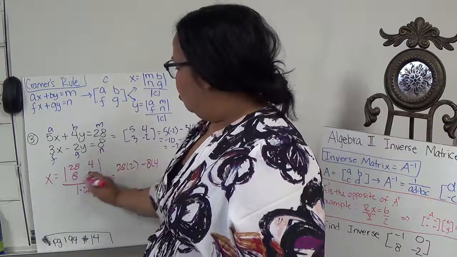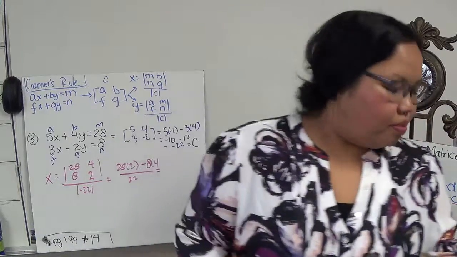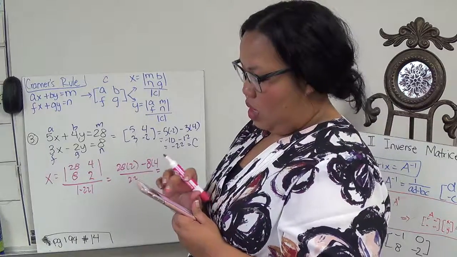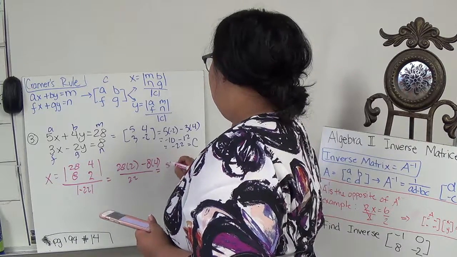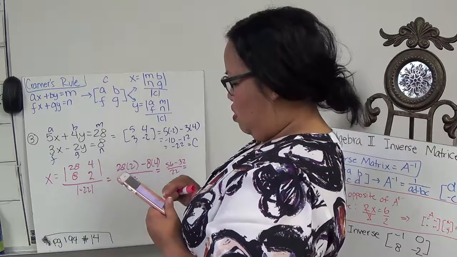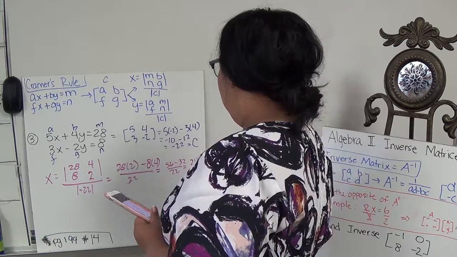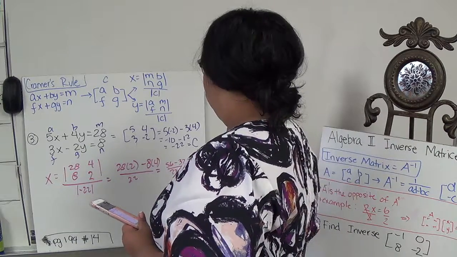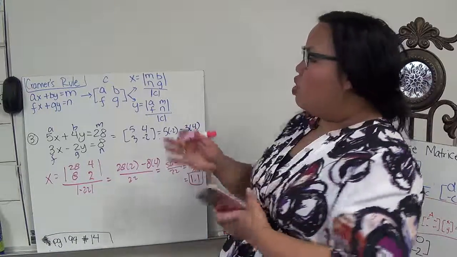The diagonals, all over positive 22. 28 times 2 is 56 minus 32 over 22. 24 over 22, which is 1.1. That's my x value.